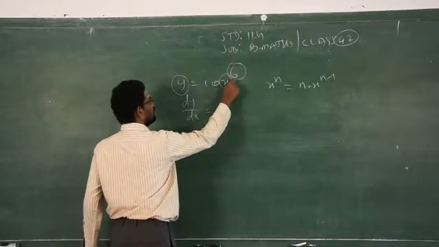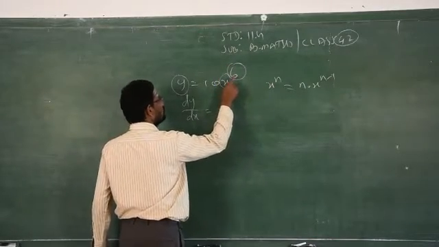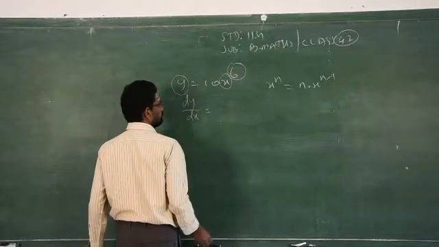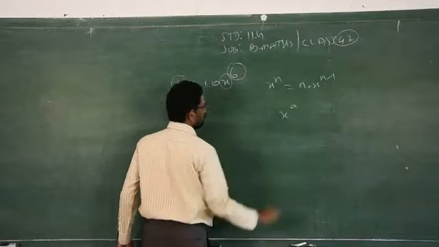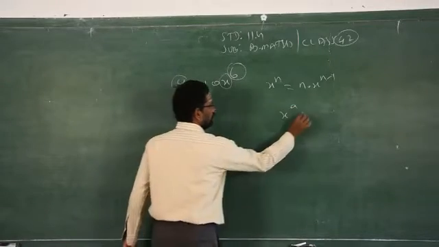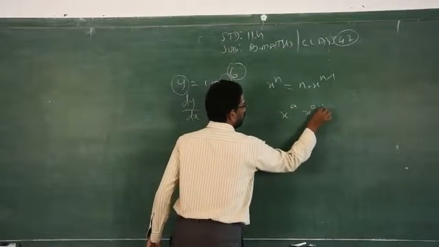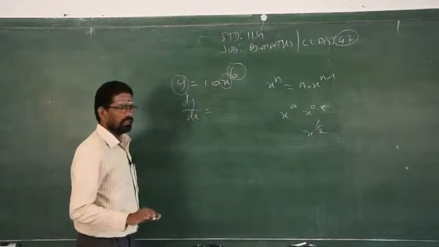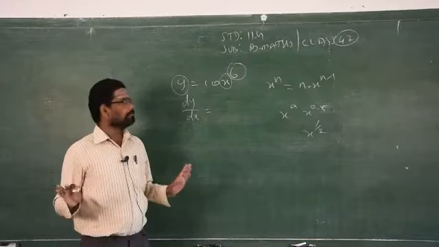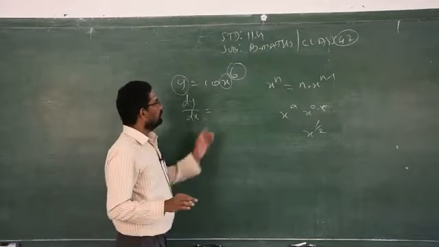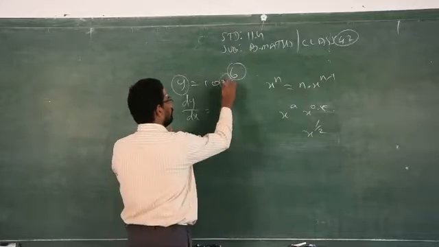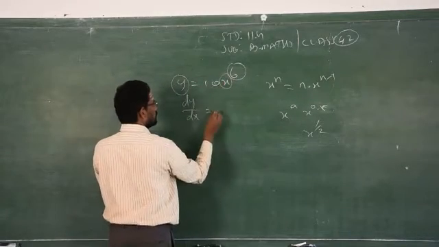Whether it is a number or any alphabet, even if it is x power a or x power 0.5 or x power 1 by 2, whatever it is, the concept is very simple. You have to take the power of x as a multiplier. The power of x becomes the multiplier of the given function.